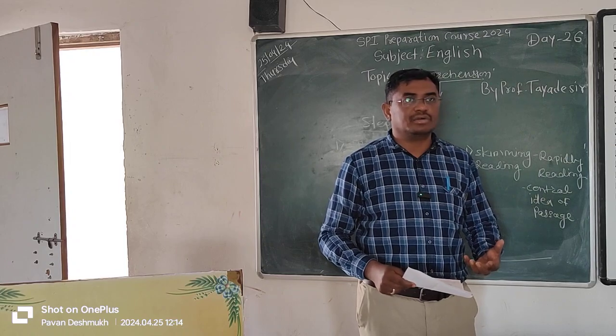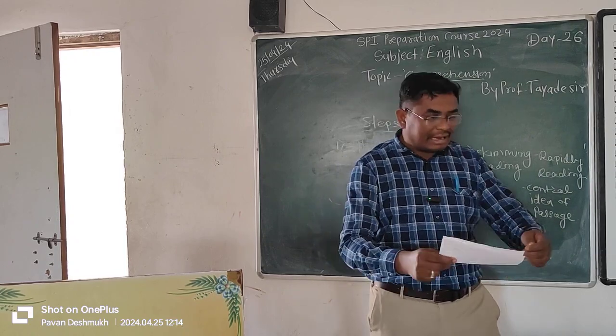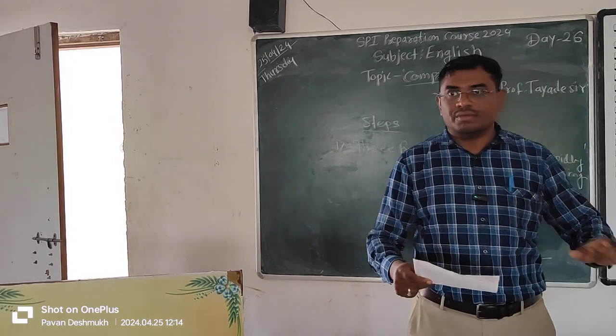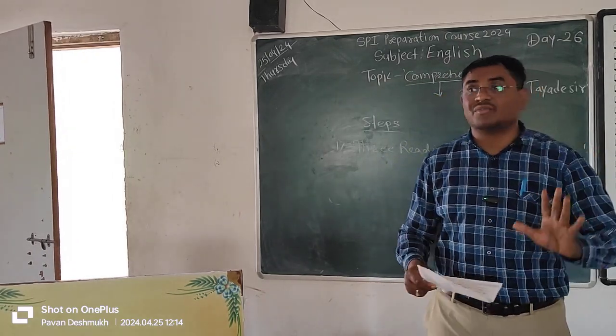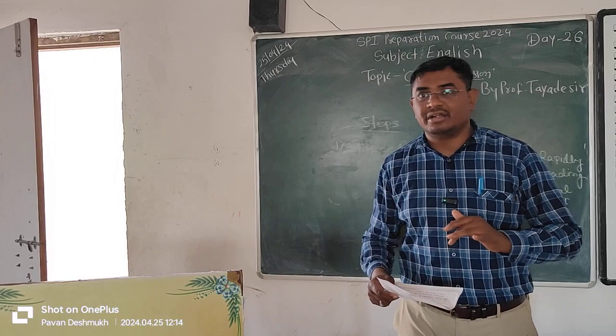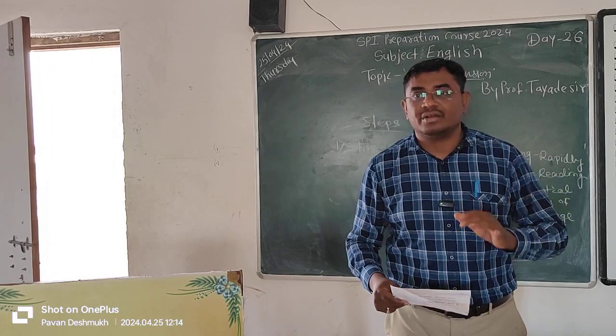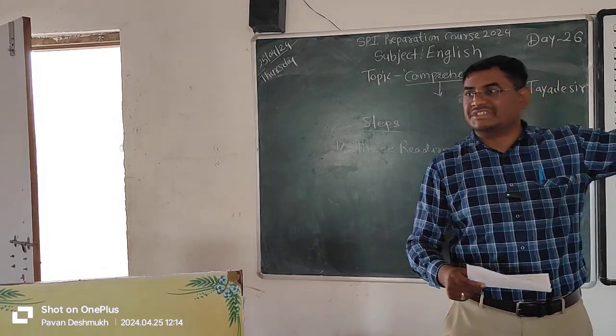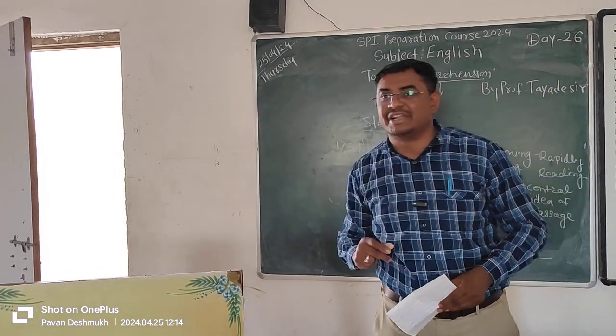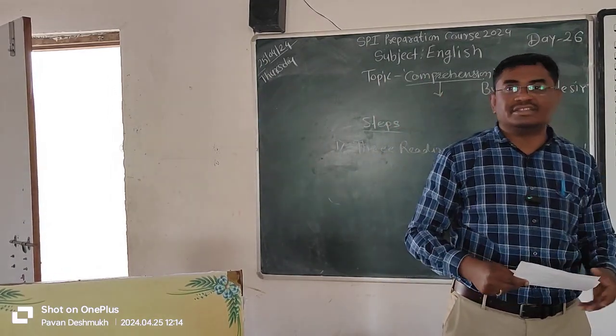At that moment, what do we do? We get the newspaper and try to read it, but we never read a newspaper very carefully. What do we get? We get a central idea: in Bihar such kind of incident happened, in Delhi such kind of incident happened, in sport such kind of incident happened.